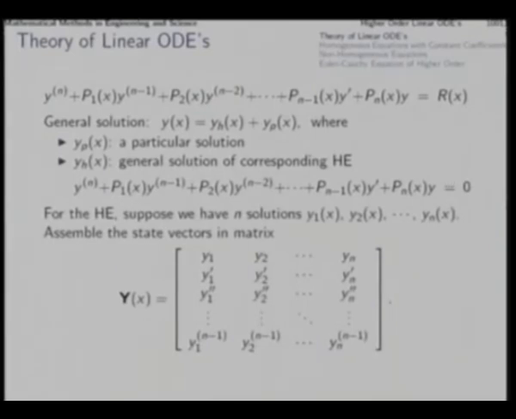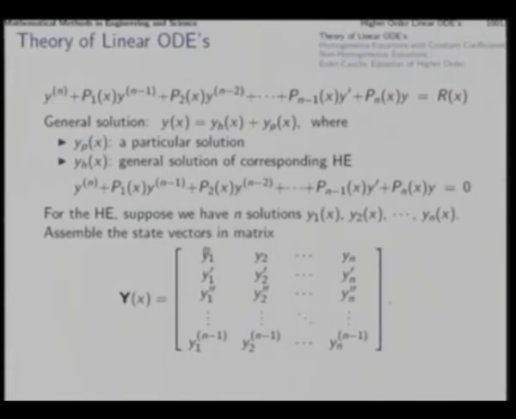Now, for the homogeneous equation, suppose we have got n solutions, y1, y2, y3, etc. Then the state vectors of these solutions, when assembled as column vectors in a matrix, what do we have? See, it is an nth order differential equation.